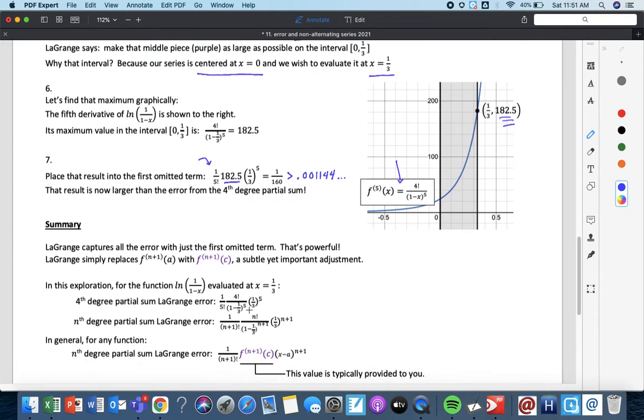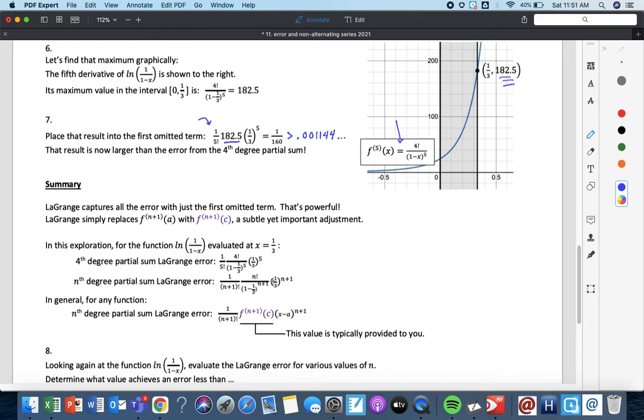And in this summary, I have shown you what that expression is that we evaluated for the fourth degree partial sum. Here is the first omitted term, and then there is the Lagrange piece of this term. And then if you generalize for the nth degree, it would look like this. So I replaced 4 with n.